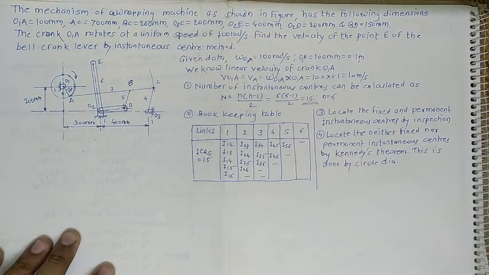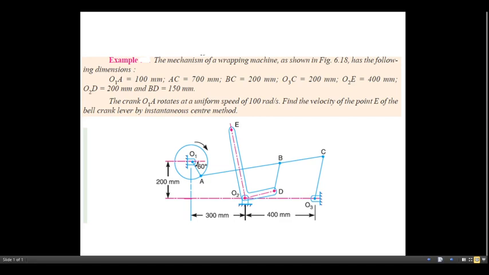Here, if you see the question diagram in front of you, the dimensions for every link are already given. O1A is the smaller one, and here we have the 700 mm distance.